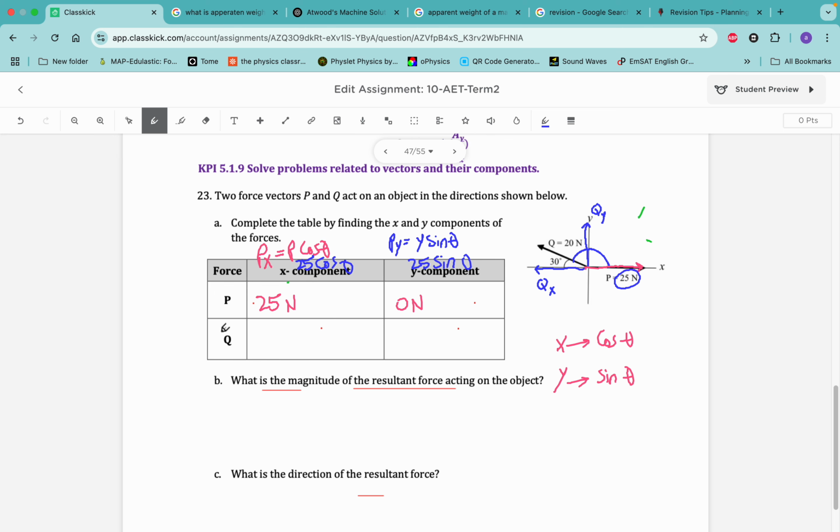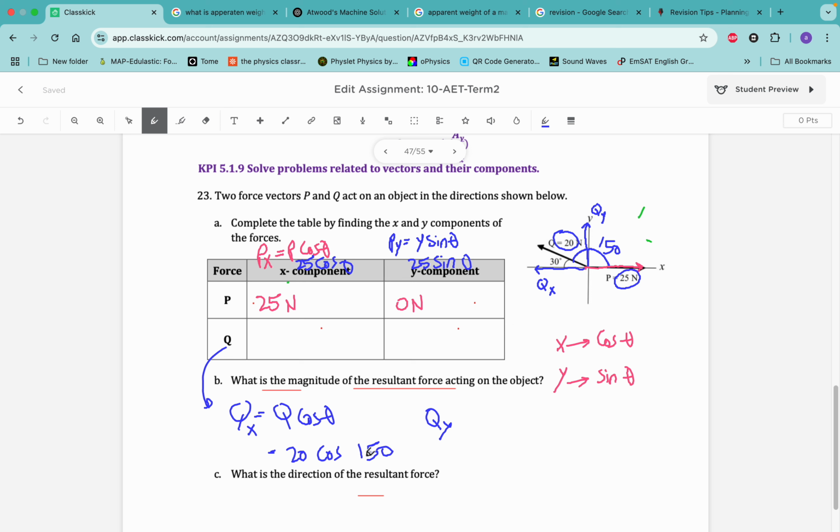For Q, to calculate Qx and Qy, as usual, Qx is Q cosine theta. Our Q is 20 cosine of the angle we just calculated, 150.